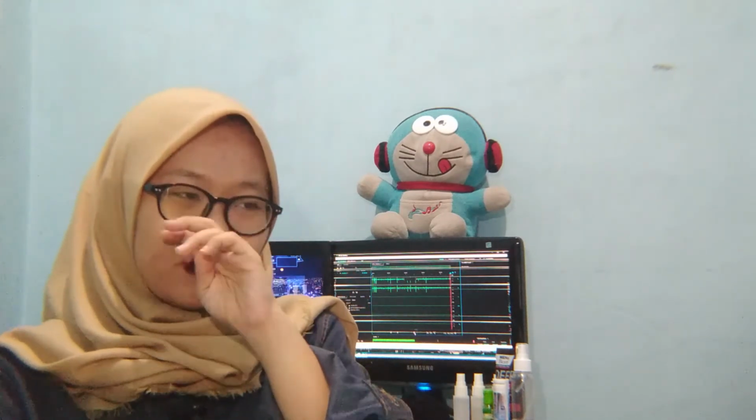And the next characteristic is we could analyze the data only after we finish the research. So we couldn't analyze data in the middle of the process. We must wait until we finish the process.